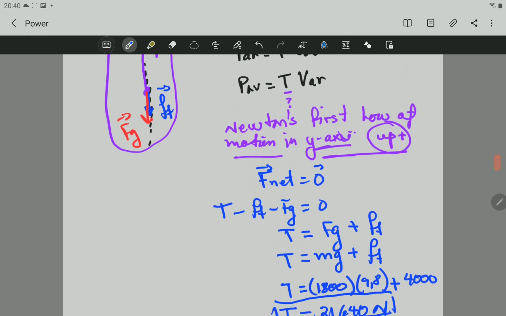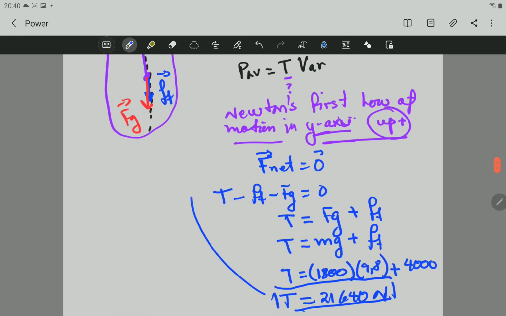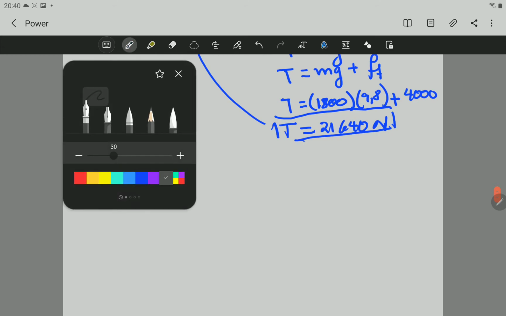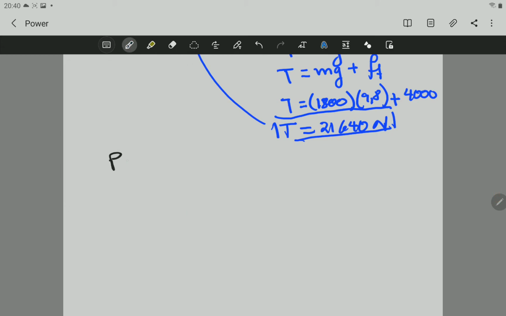Okay, so now this number must be substituted in there, so we can calculate the power delivered by the tension force. So the power, let's go back here, the average power is equal to tension force multiplied by average speed. If we substitute, this one is 21,640 multiplied by the average speed, which is given to us and is equal to 3.